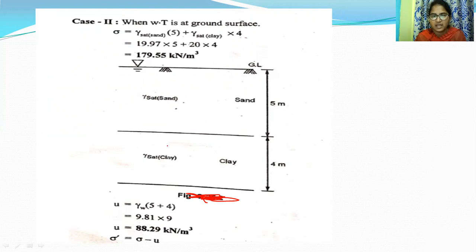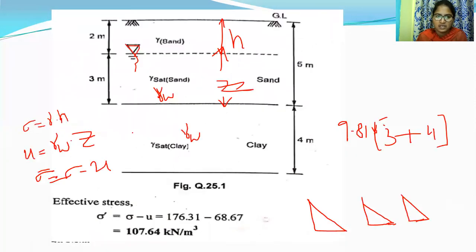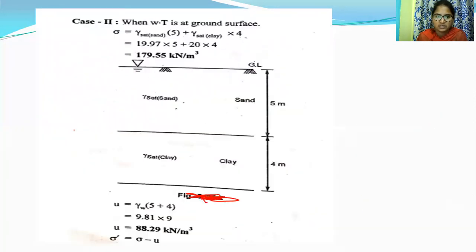We are already calculating these. So what is the formula? Sigma is equal to gamma into H, and pore water pressure is gamma W into Z. Thus two values: gamma sat sand into 5 and gamma sat clay into 4.